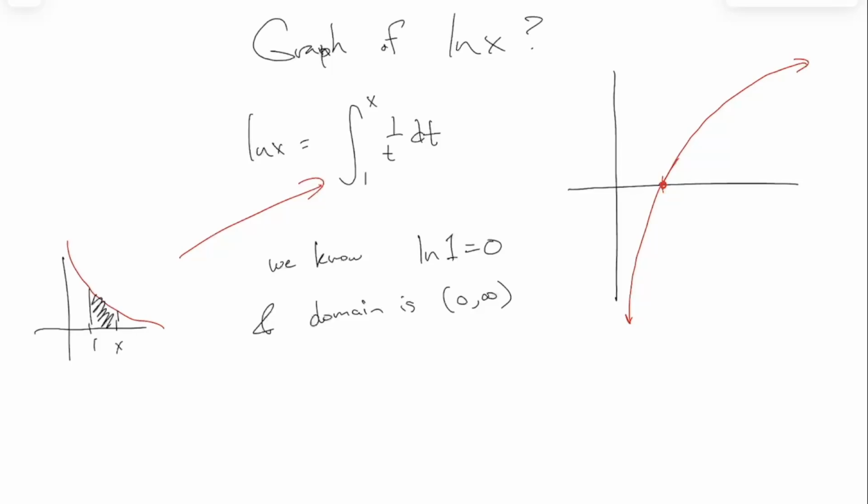The reason it goes down super negative is because this area, if you measure it towards the origin here, is actually an infinite area. It's going up forever. And so this graph is going to negative infinity, because it's negative area. All right? This is how you can get this basic picture from using that as the definition.